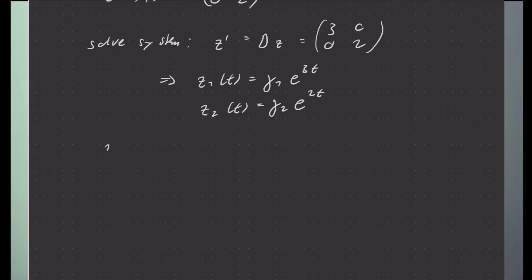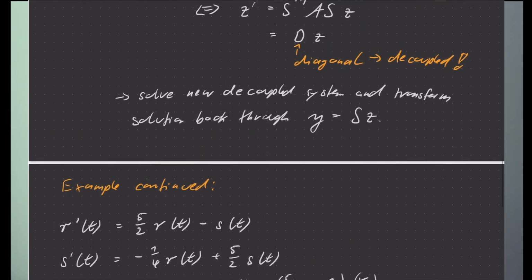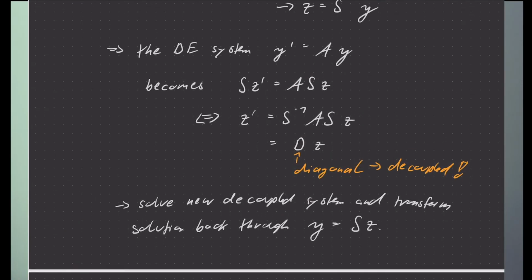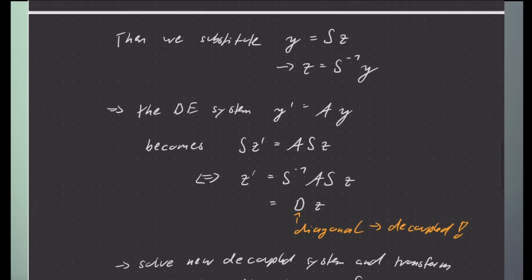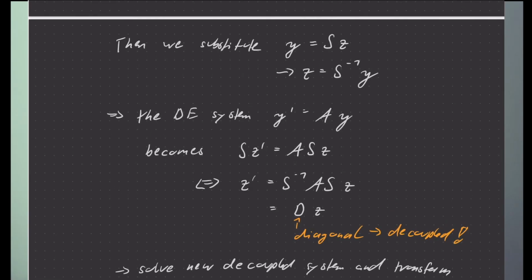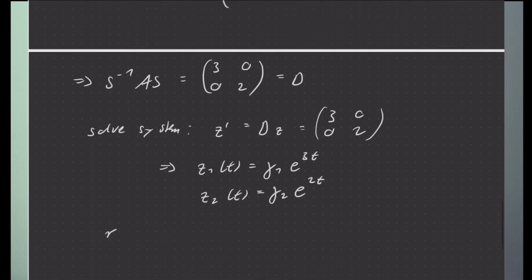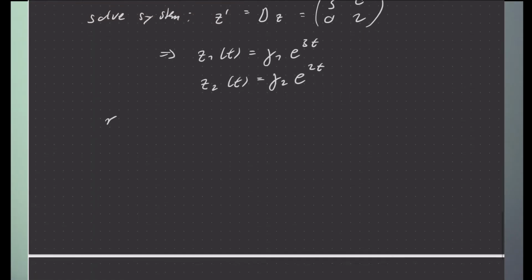So all we have to do is transform back. Remember our substitution. Let's go back to that. What we did is we substituted like this here. Specifically, we have y equals S C. So our original solution equals S times the solution in the new coordinates.